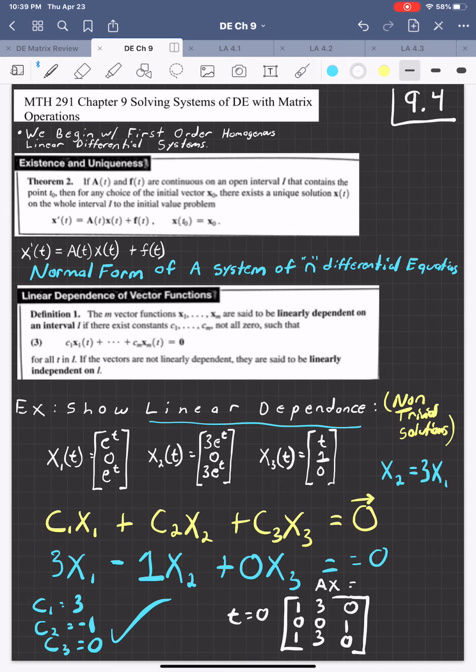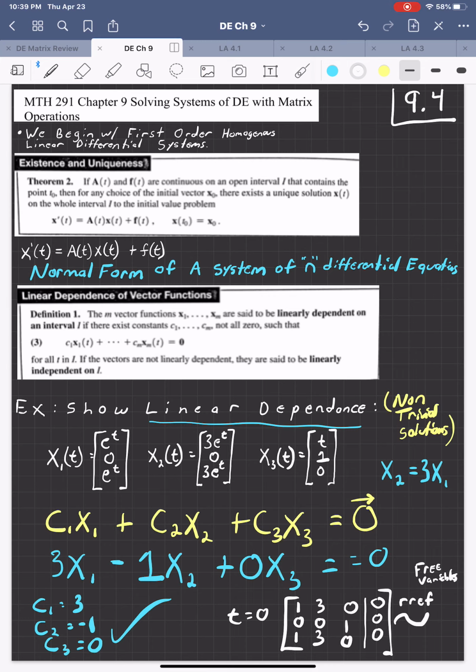So when you have AX equals 0, to solve it, if you recall, we would turn it from a coefficient matrix into an augmented matrix by adding a column of zeros, and then you would RREF it. What you're looking for is free variables. The idea that you have free variables indicates that you have other ways of getting 0.